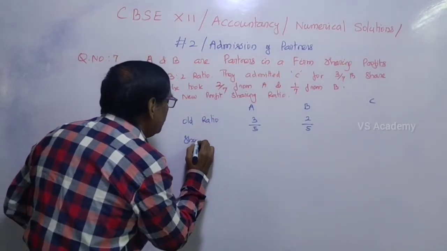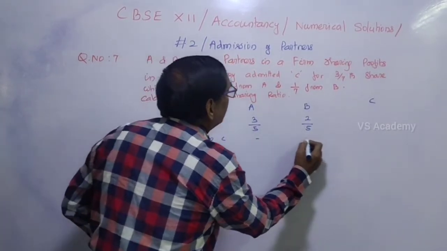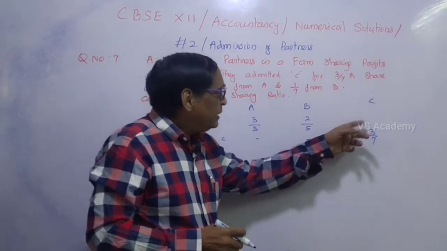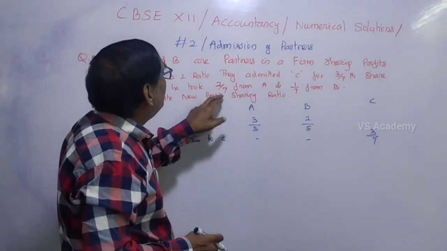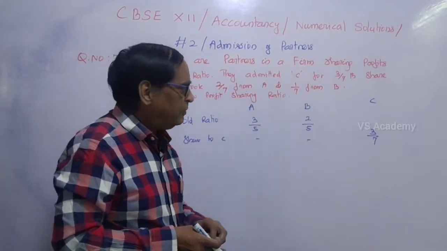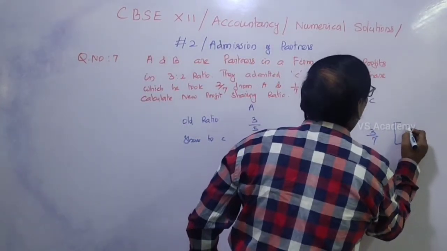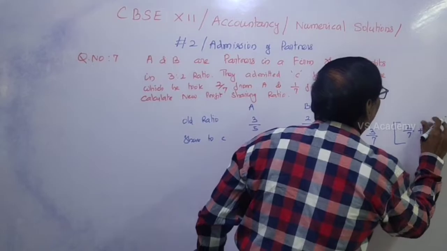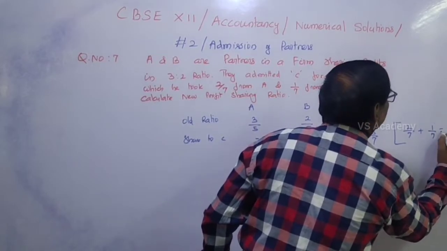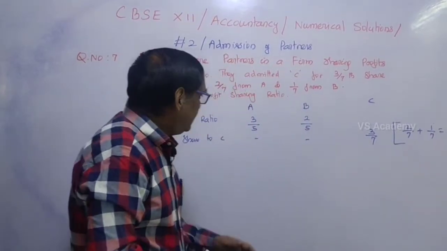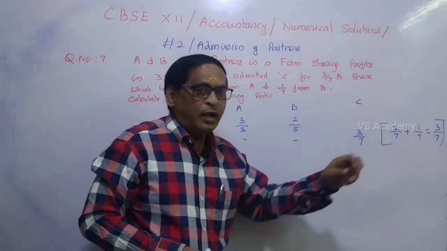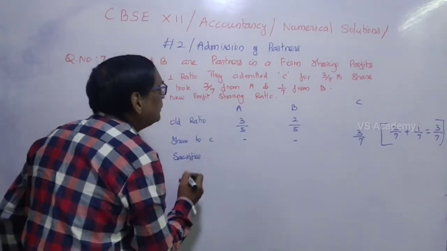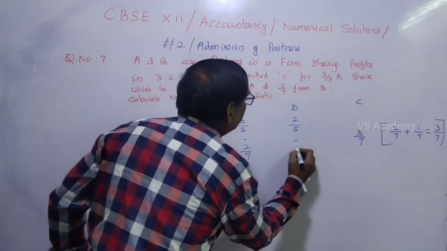The share given to C is 3/7. This portion of 3/7 C obtained from 2/7 from A and 1/7 from B. So the sacrifice is 2/7 and then 1/7.